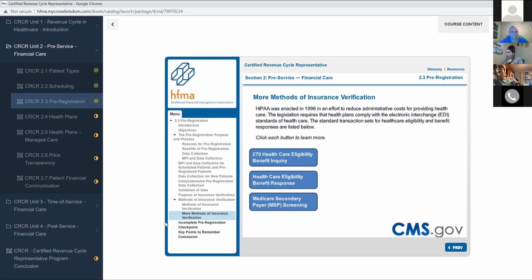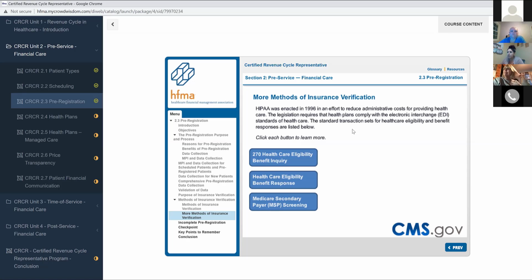If you remember when I was talking about HIPAA, HIPAA privacy has obviously taken over whenever you talk about HIPAA. But HIPAA was originally created for all of these electronic files that we're so used to now, 837, 835, 270s, 271. And the real intent of HIPAA was to help reduce the administrative burden and costs.